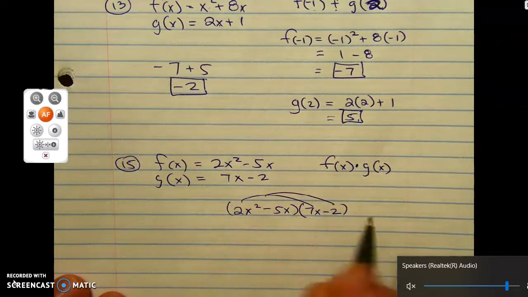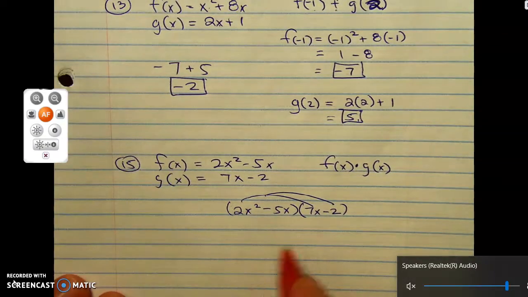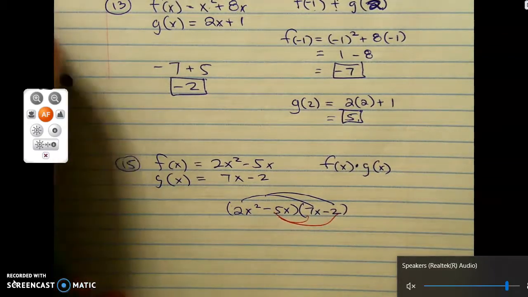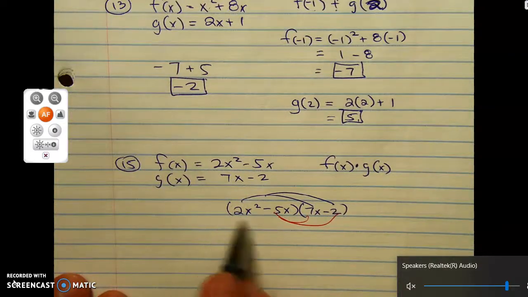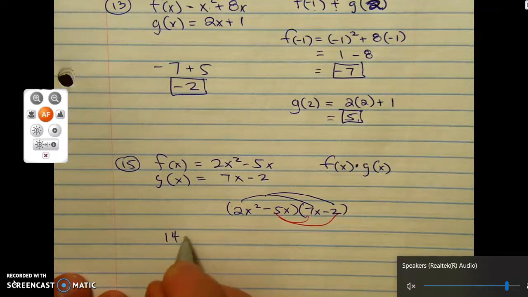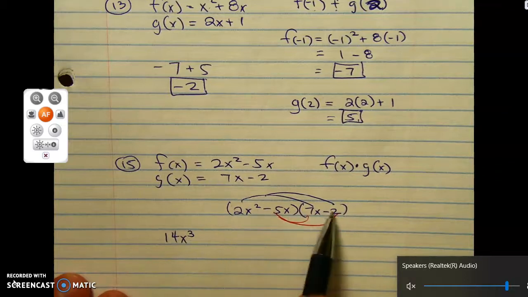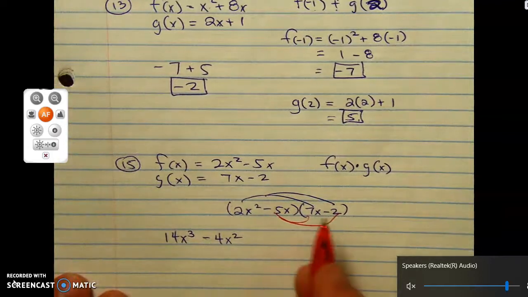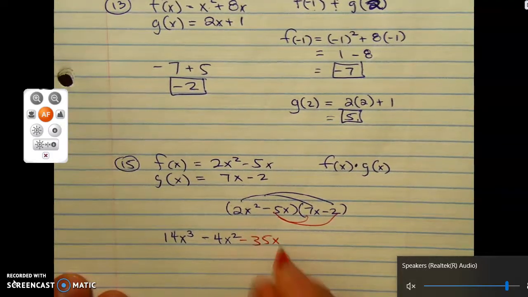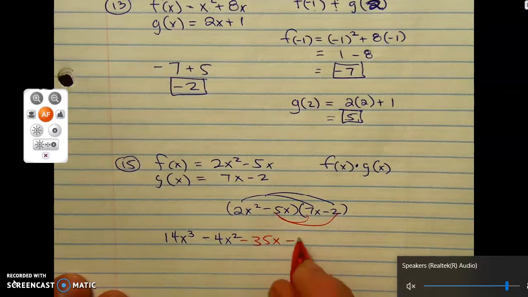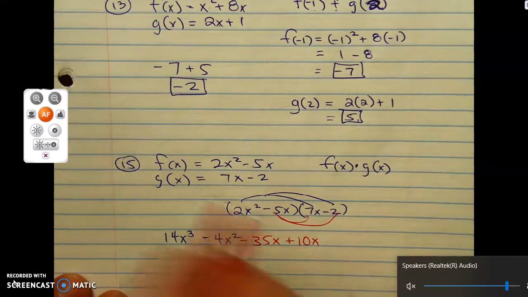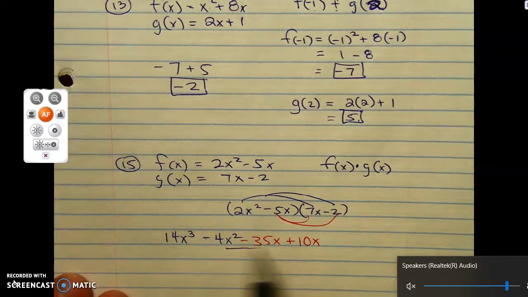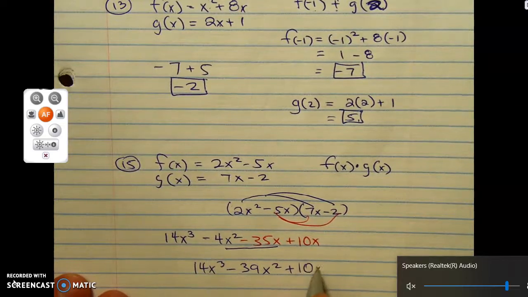So we're going to do distributive here, we're going to do distributive here, and get our answer. 14x cubed minus 4x squared minus 35x plus 10x actually. So combine these in the middle. And that's your answer.